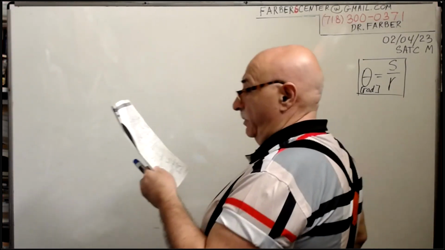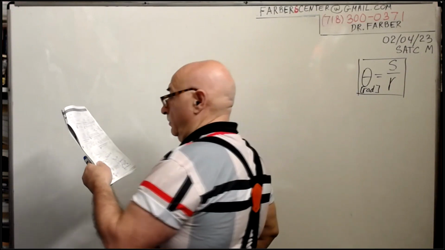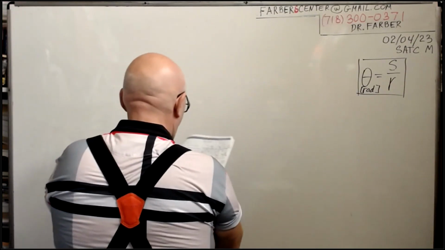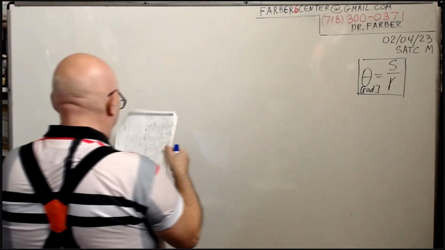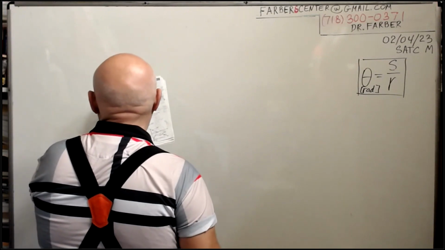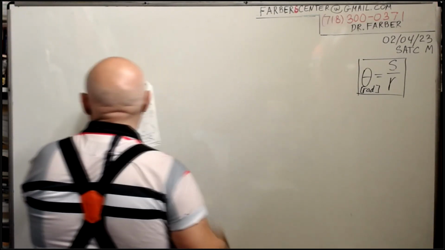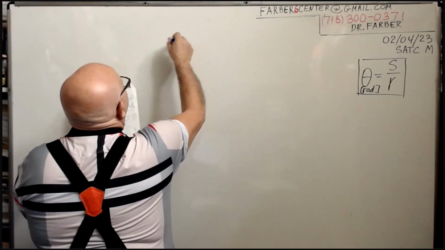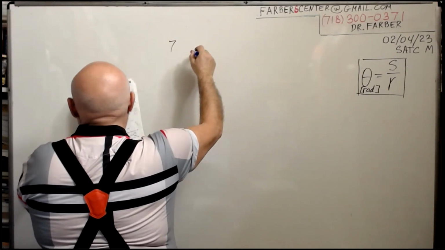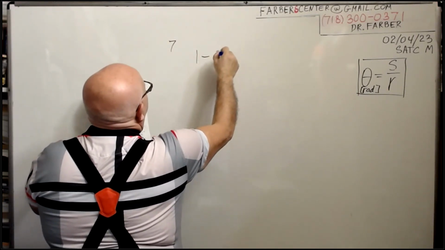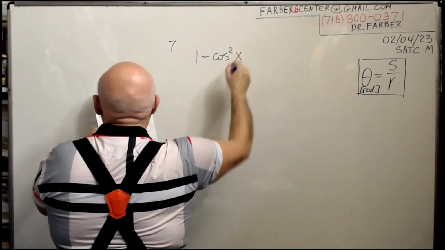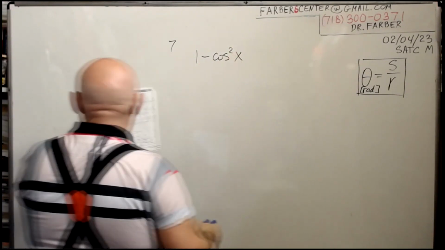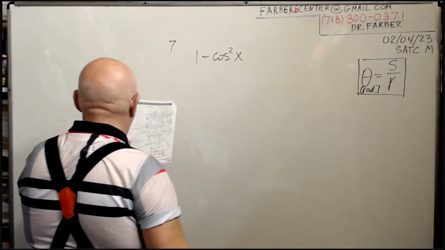With the following, 1 minus cosine square x for any value of x.